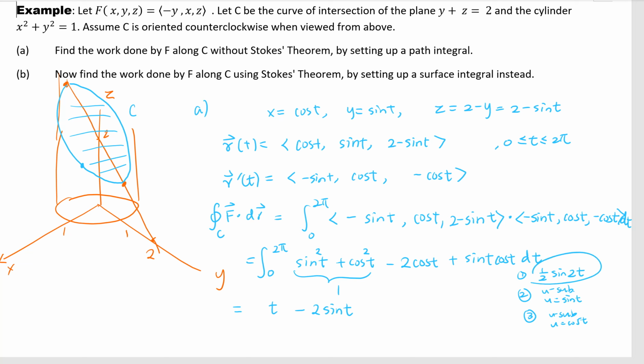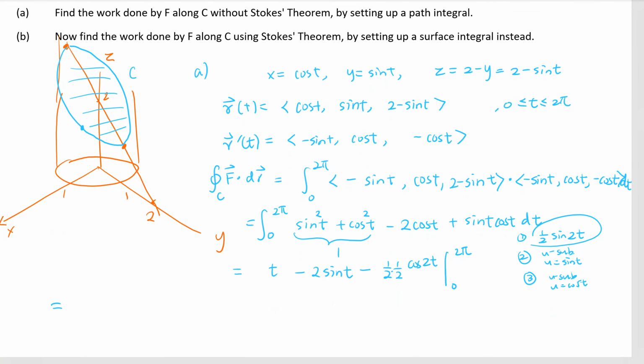The easiest, I think, is this one, because I can integrate directly. So the integral of 1/2 sine 2t is minus cosine 2t, then over 2 in front, evaluated from 0 to 2 pi. So this means we plug in 2 pi first, and when we plug in 0, it's gone.